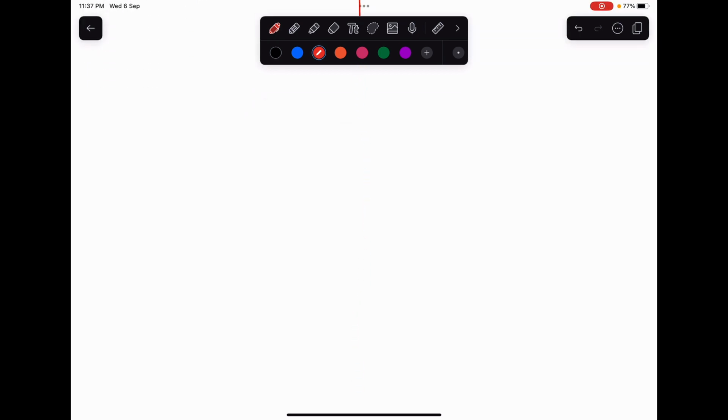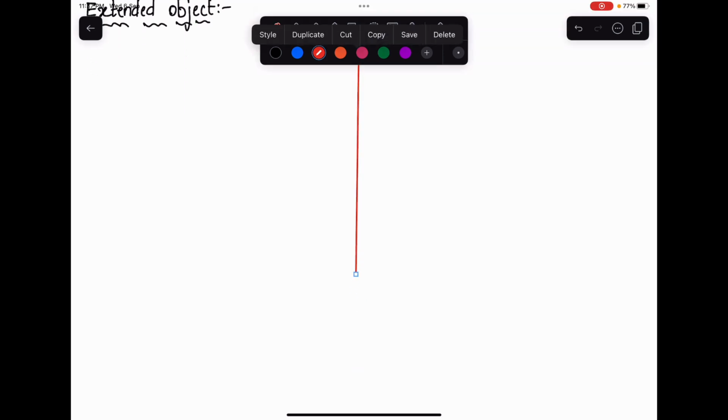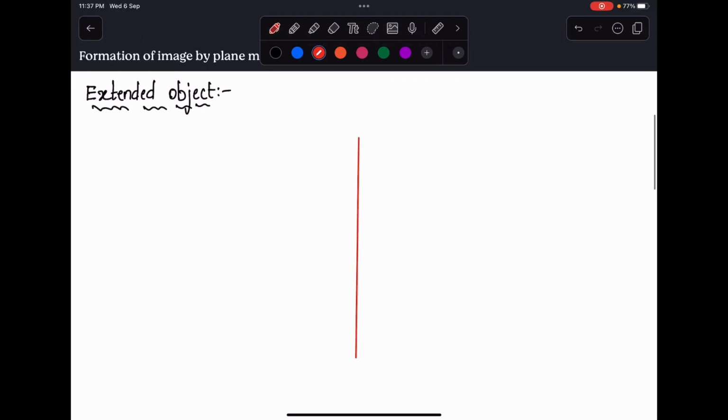Clear? Chalo. So let us see this one now. This is your plane mirror, because now the silvering we have considered over here like this, and as usual we know this is your reflecting surface.